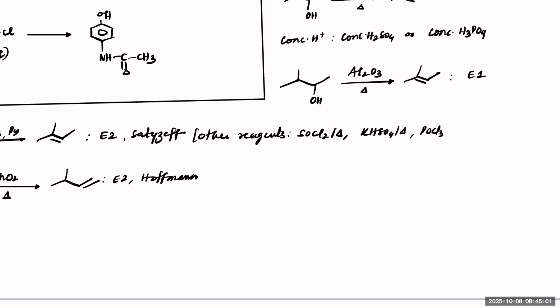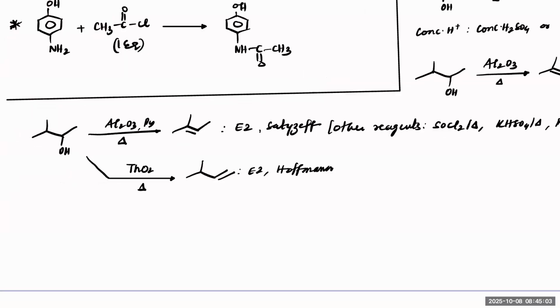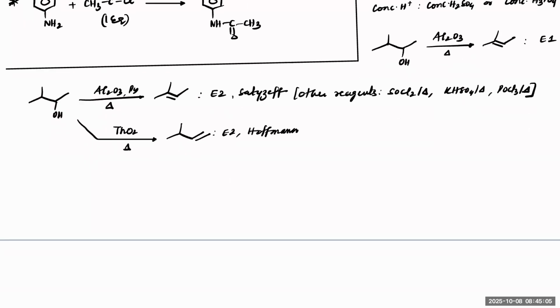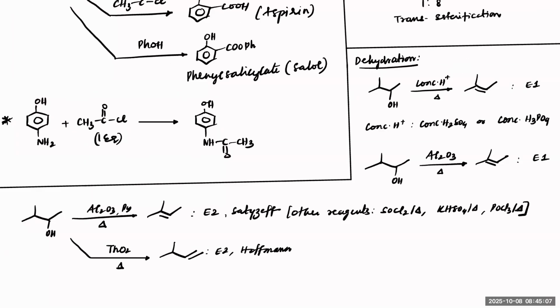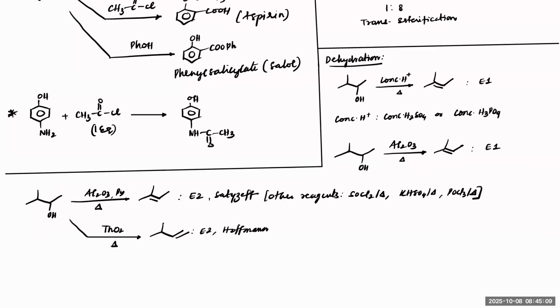All will give you the same type of reaction. Done? So you can go through the reagents thoroughly, check out in dehydration what are the reagents which are being utilized. Done? The next set of reaction of alcohols is about oxidation reactions.